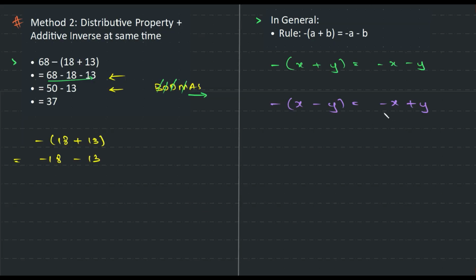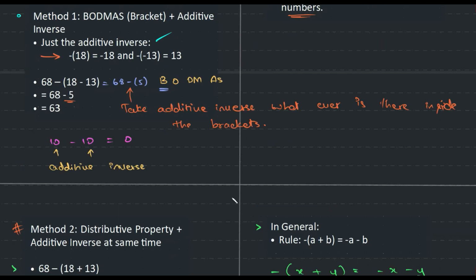So you just have to take the additive inverse of what is inside the brackets and write them without the brackets. And that's that.